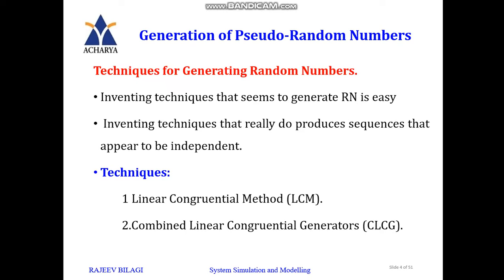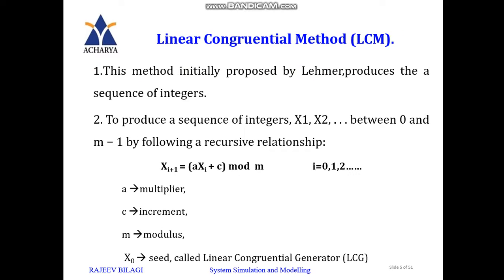There are different techniques to generate random numbers. The first one is called the linear congruential method. The second one is the combined linear congruential method. The linear congruential method was initially proposed by Lehmer, and it is used to produce a sequence of random integers.